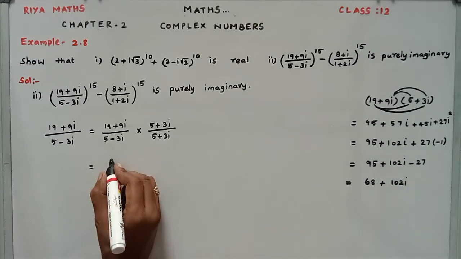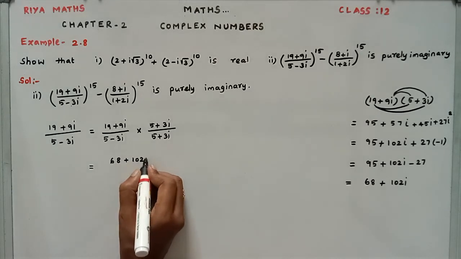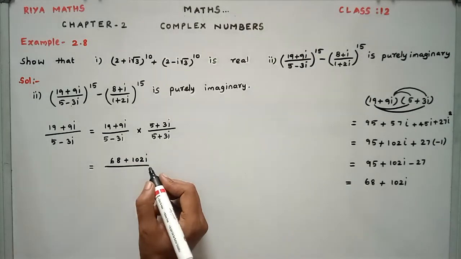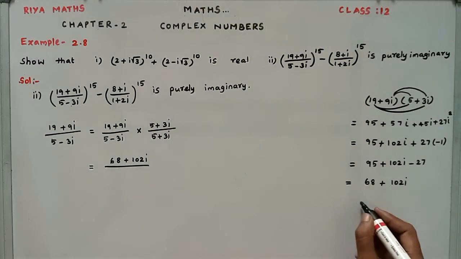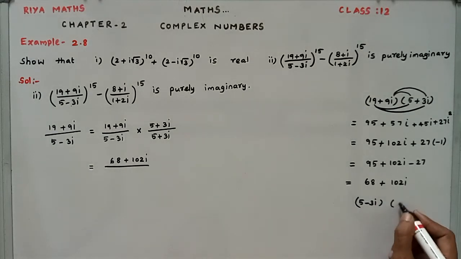So our numerator answer is 68 + 102i, divided by the denominator.